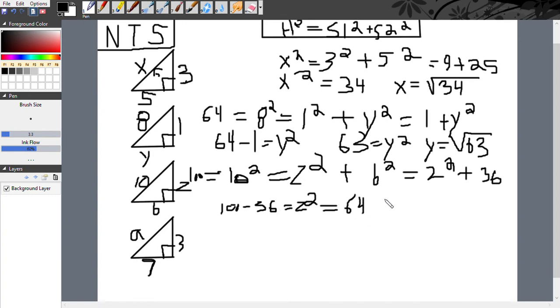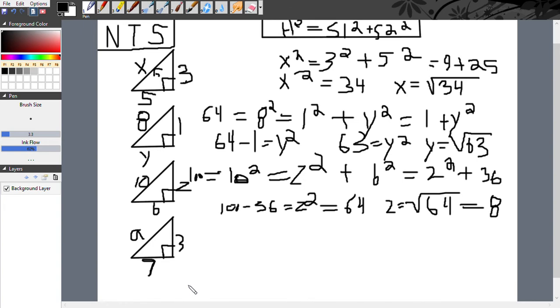That means z is equal to the square root of 64, which is equal to 8. So now we know the value of z. It is 8.